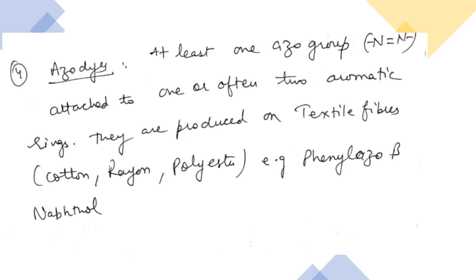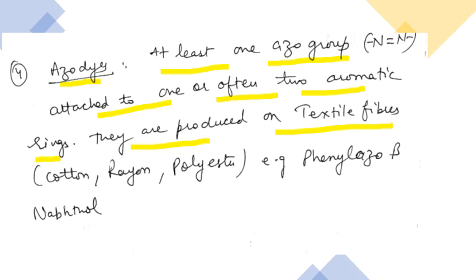The next class is the azo dyes, and we all know at least one azo group should be attached to the compound, to one or often two aromatic rings. So they come in the category of the azo dyes, and they are produced on the textile fibers and can be applied for dyeing cotton, rayon, polyester, and one of the important classes is phenyl azo beta naphthol.